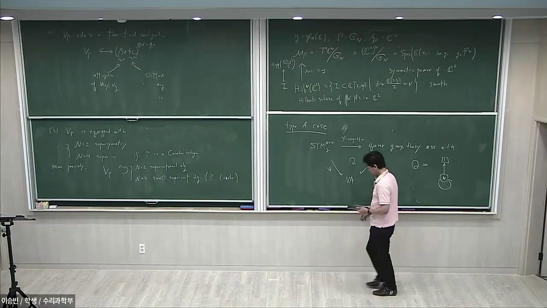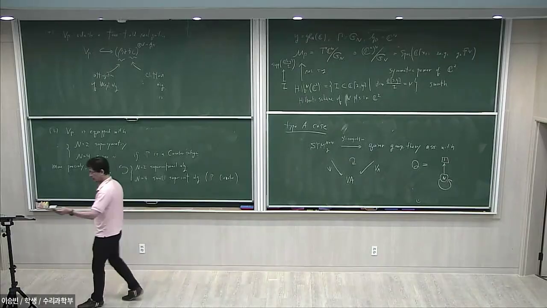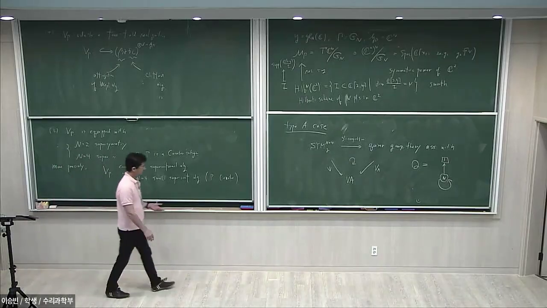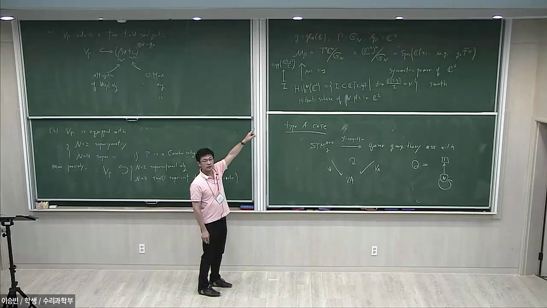So what we want to do is somehow attach a vertex algebra naturally to this symmetric power of C^2. But it's easier to work in the non-singular setting.